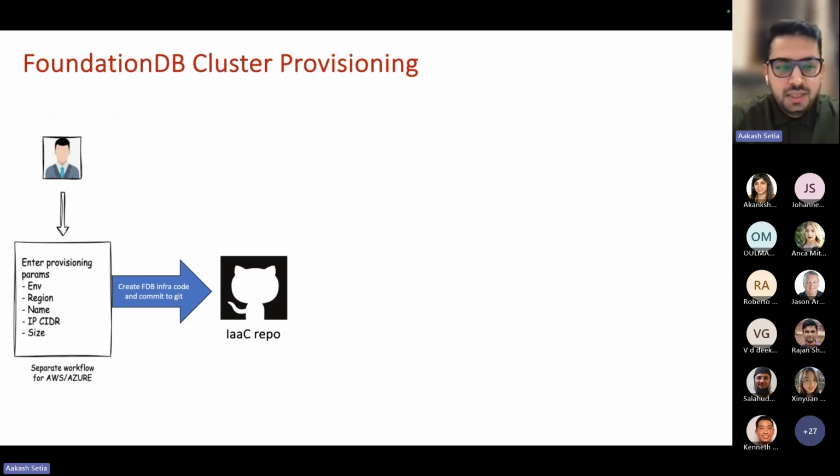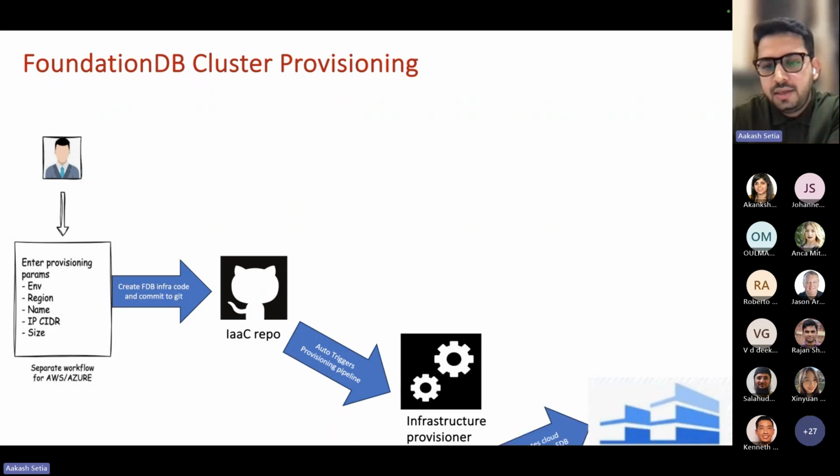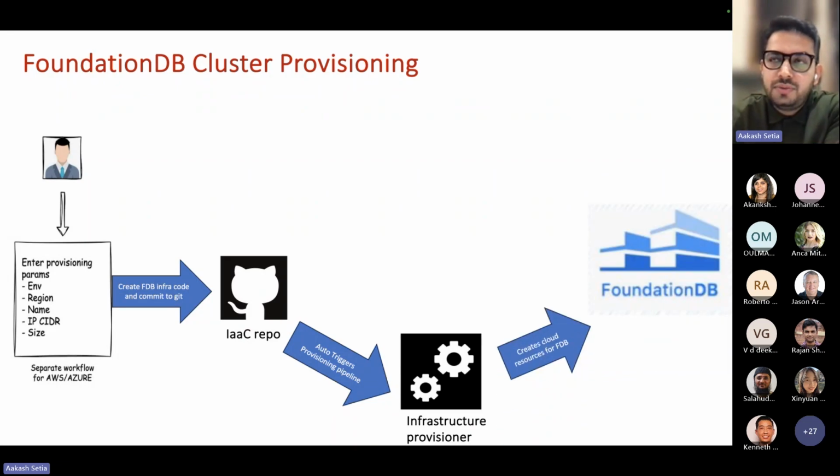Which basically does the templating and commits the code to the repo, which eventually generates a PR and we can see what are the resources our infra provisioner is going to create. And once the plan succeeded, it applies everything and we can see all the cloud resources for the FoundationDB.